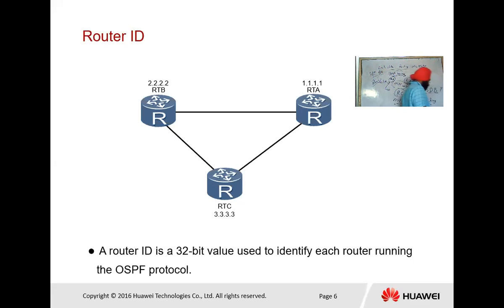But in the case of OSPFv6, it is mandatory to define one, otherwise it will not work. If a loopback interface is not available, then the router chooses the physical address, that is your system's IP address.